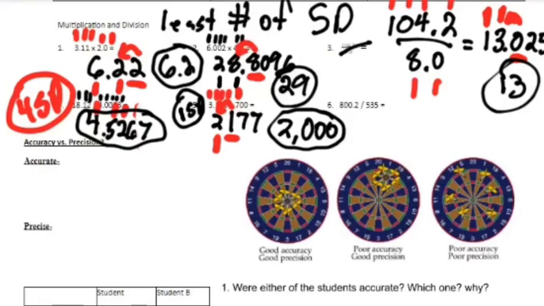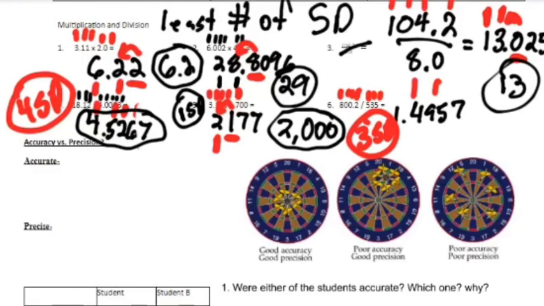Number 6, I have 800.2 divided by 535, I end up with 1.4957. Check significant digits. Should have 1, 2, 3, 4 on that first number, only 3 on the second, which means I can keep 3 significant digits.